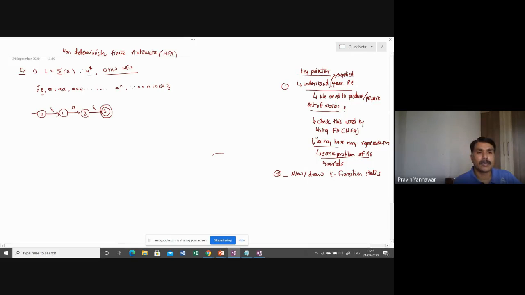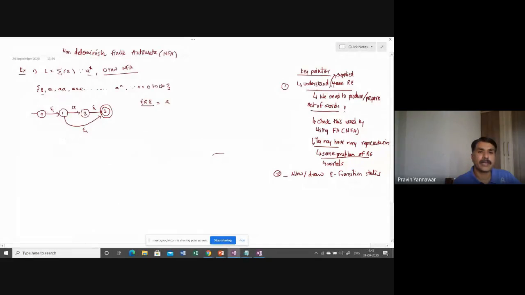Okay, but in order to get epsilon, if I follow this particular path, my output will be epsilon A epsilon, right, which means it is giving me A. Okay, but I need epsilon here. So what I will do, I am going from this to this now with epsilon.